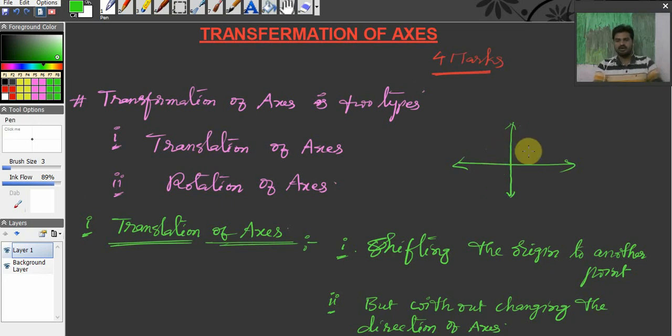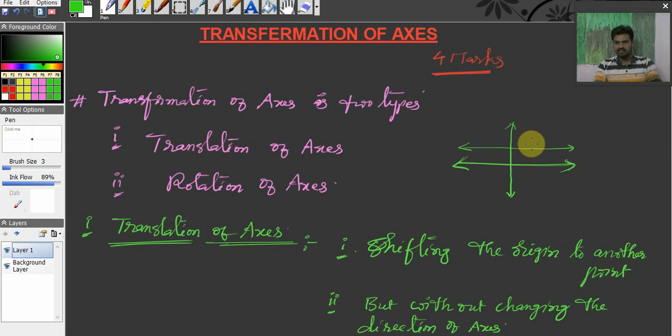Then how can we change the axis without changing the direction? We can take the x-axis like that. We have to move the x-axis either up or down. Here the direction will not be changed.